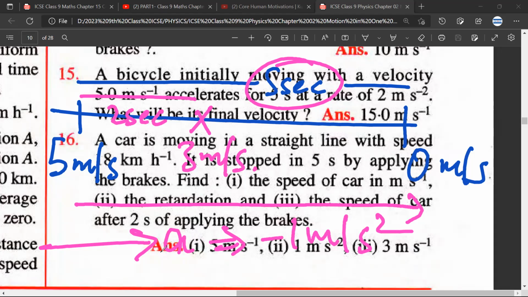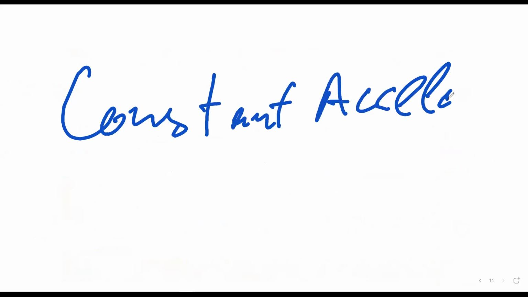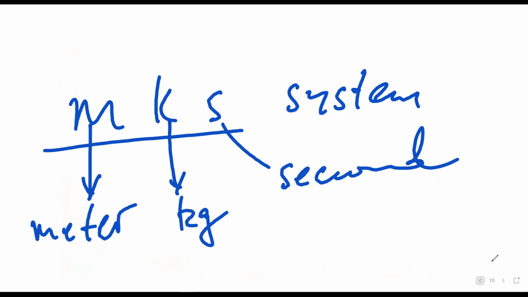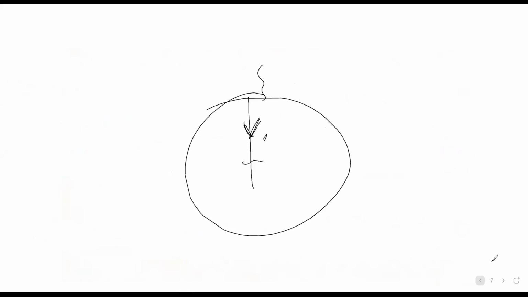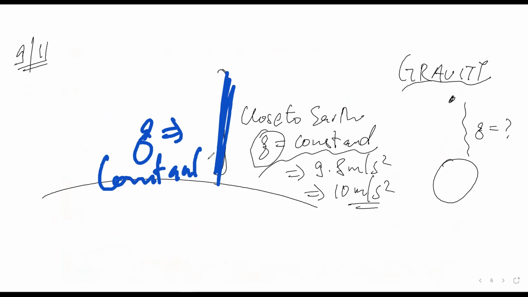The acceleration is constant. Any doubt? No. Constant acceleration. And that is what I was trying to tell you here. When we take the example of Earth, close to Earth, the value of g is constant. It is a case of constant acceleration or retardation.